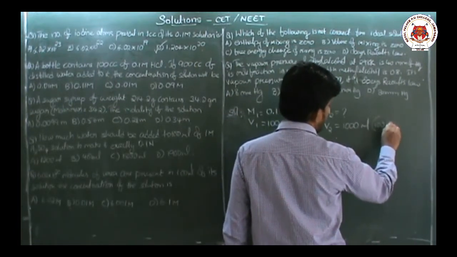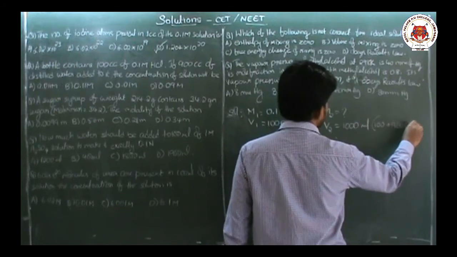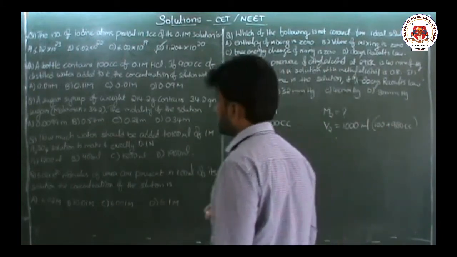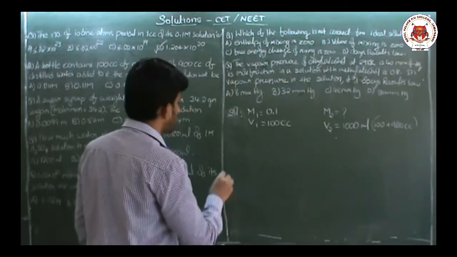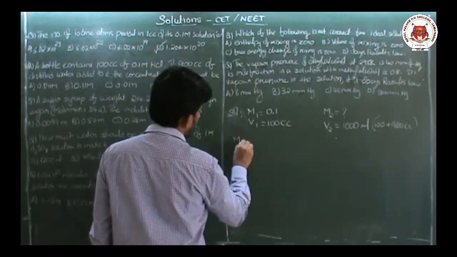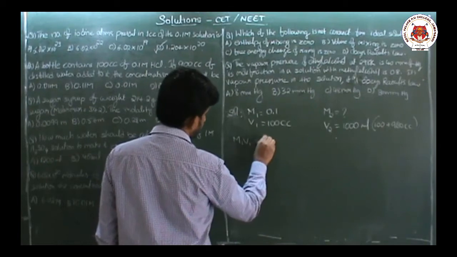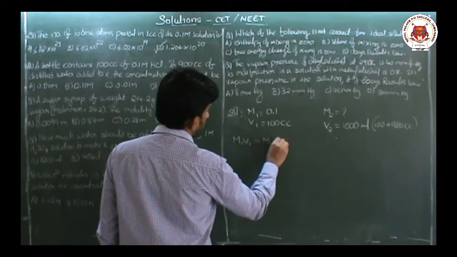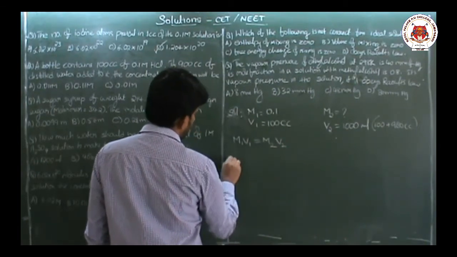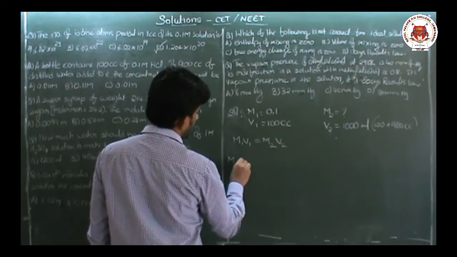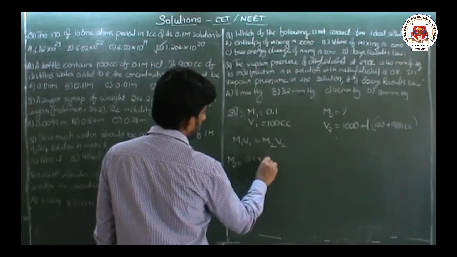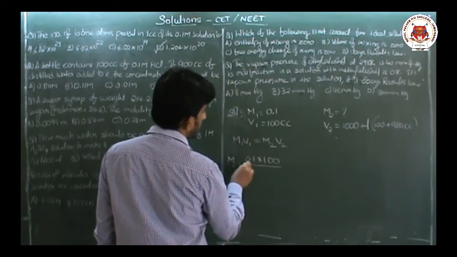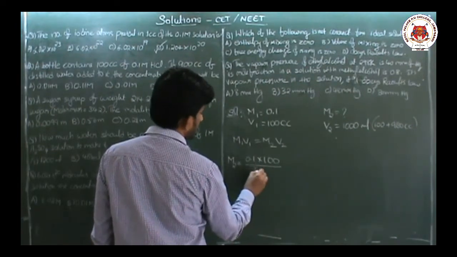Now you use the formula M1V1 is equal to M2V2 to calculate the new molarity. So M2 is equal to M1V1 divided by V2, which is 0.1 into 100 divided by 1000.